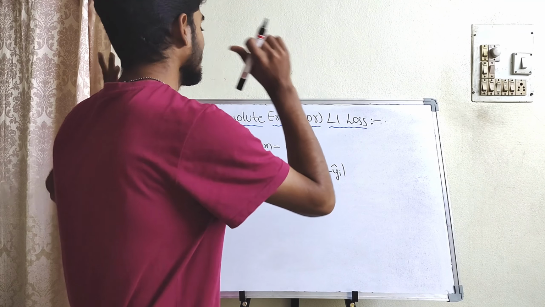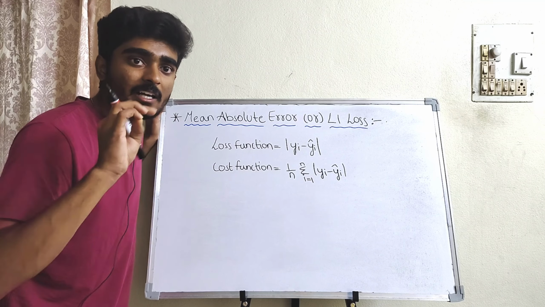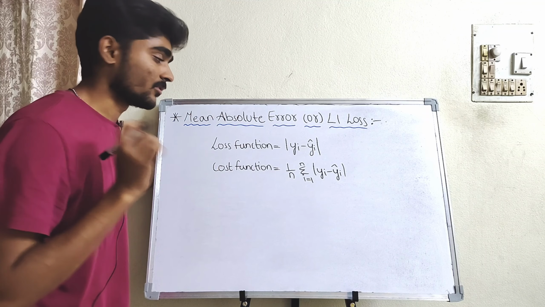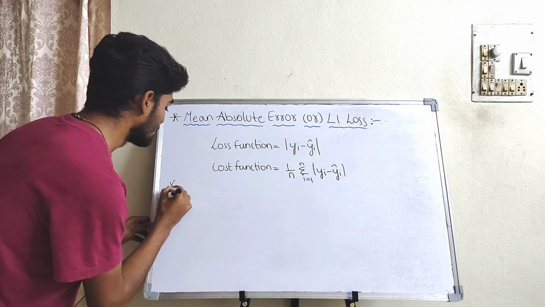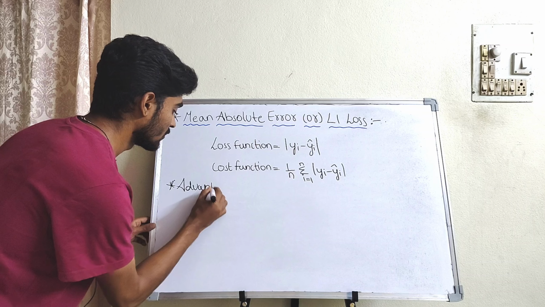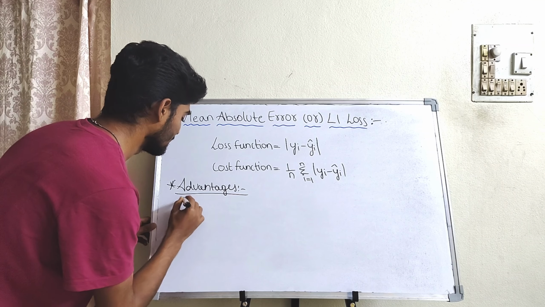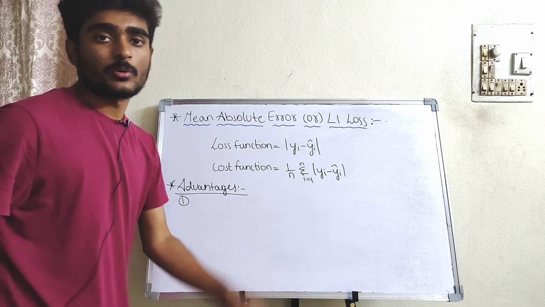This is the total MAE loss, and we'll be seeing the advantages and disadvantages of it. First come the advantages. The first advantage is that it is easy to interpret.